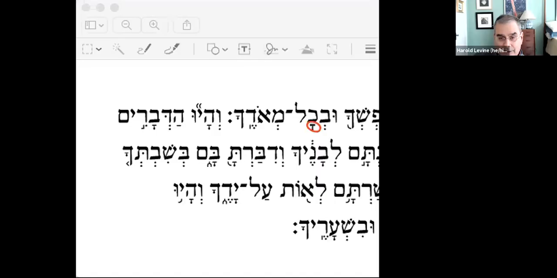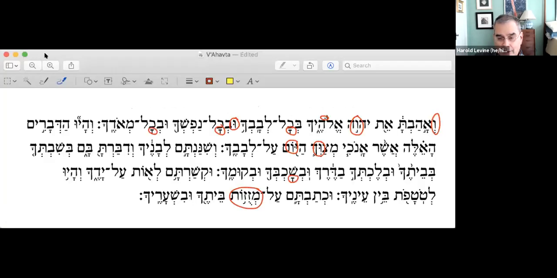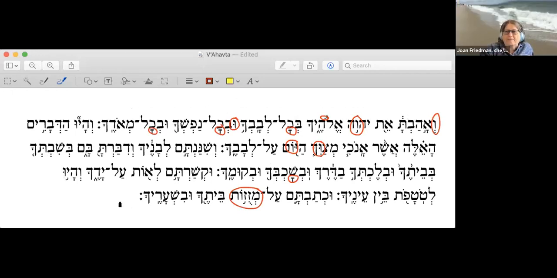So there are two things, let's see. Can you see the Ve'ahavta here with red marks on it? Yes or no? Yes. Okay. So listening to everybody in their very beautiful readings, I noticed that there were 2, maybe 3 things that I might want to bring to people's attention.